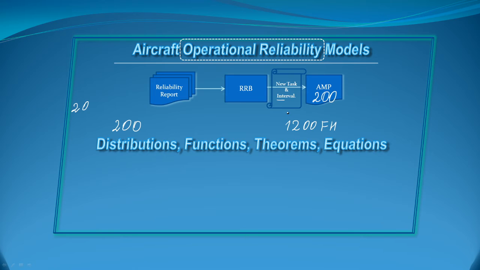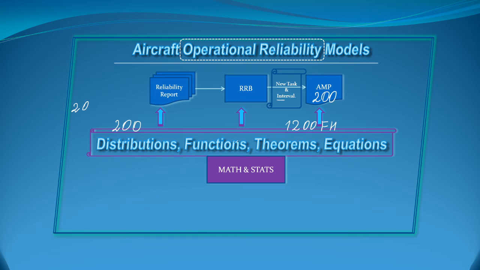Another way, we can use some tool to support our decision. That's where all our distributions, functions, theorems, equations, formulas are going to help us. We call it mathematical statistical analysis. Suppose we take these 20 removals, put them into these distributions and functions, and get the result, again as an example, of 500 flight hours. My question is, can we now take these 500 flight hours and tell the maintenance program that actually this is not 200, this is a 500 flight hour interval?